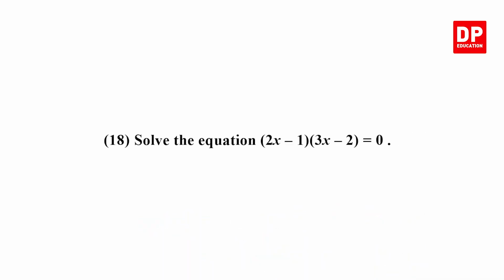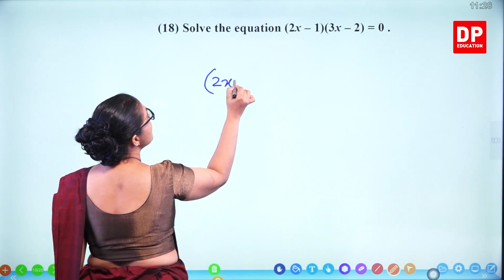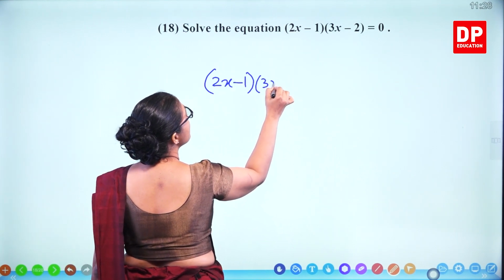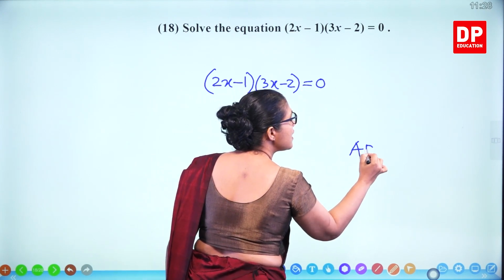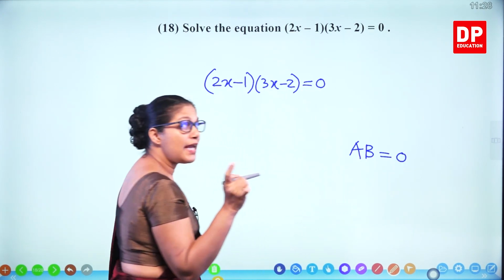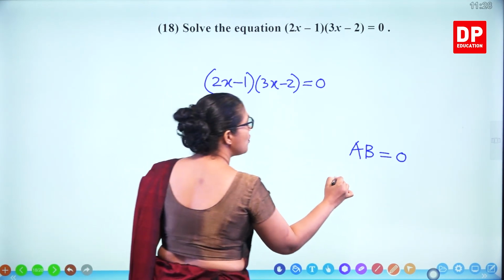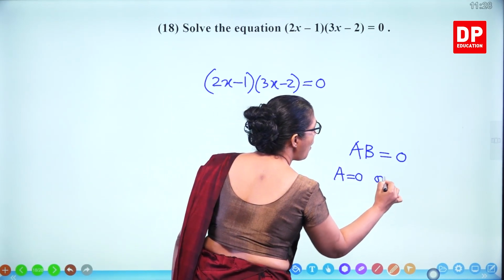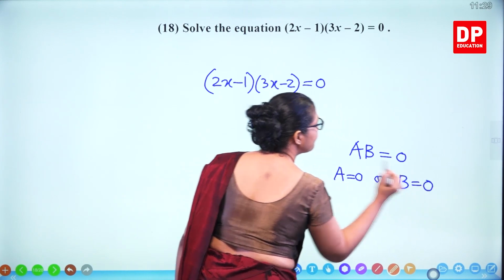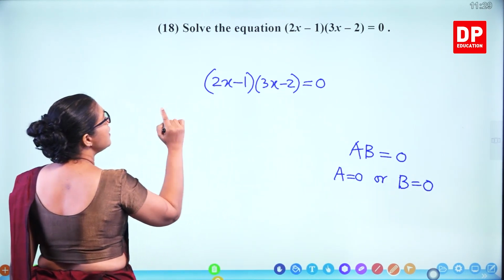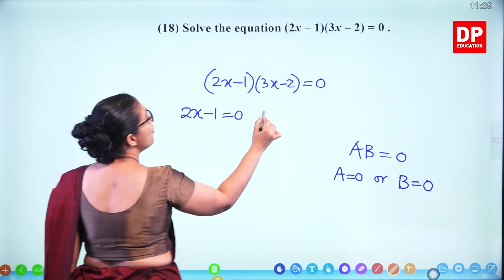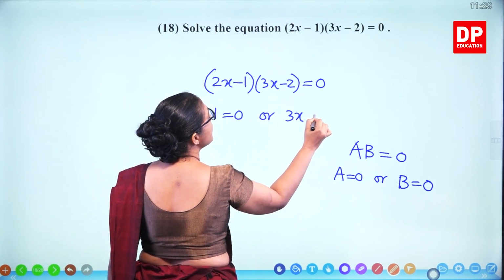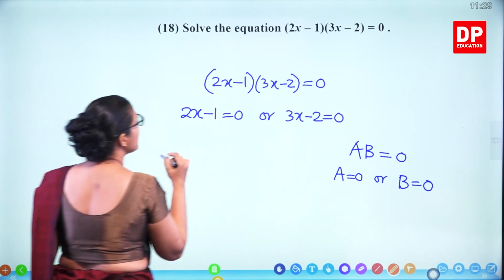Question number 18. Solve the equation. So the product is given: 2x minus 1 and 3x minus 2 equals 0. When the product is equal to 0, what can you say about a and b? Either a should be equal to 0 or b should be equal to 0. So you can write down 2x minus 1 can be 0 or 3x minus 2 is 0. So what's the x value?